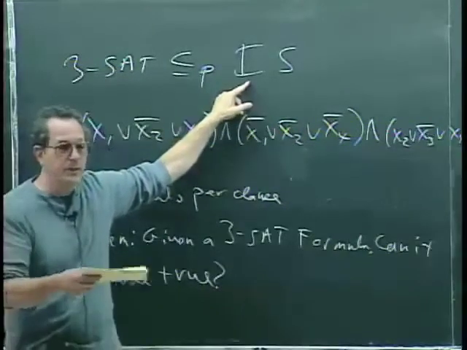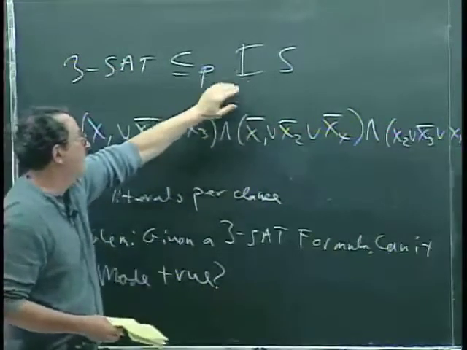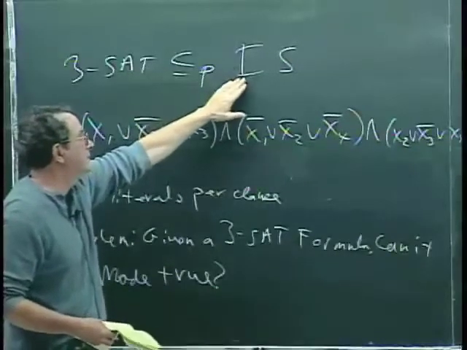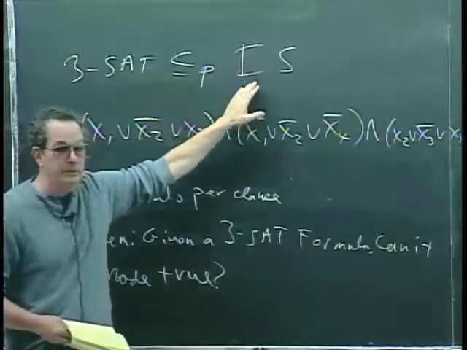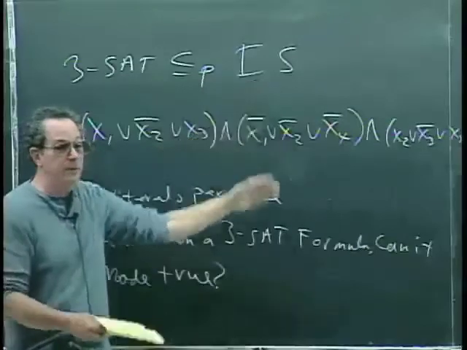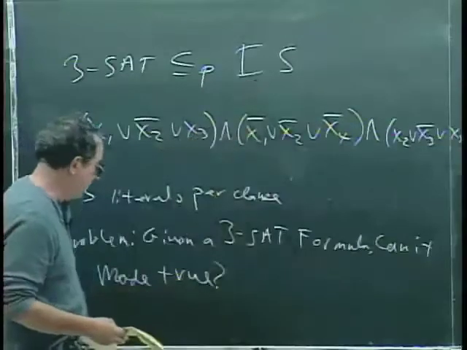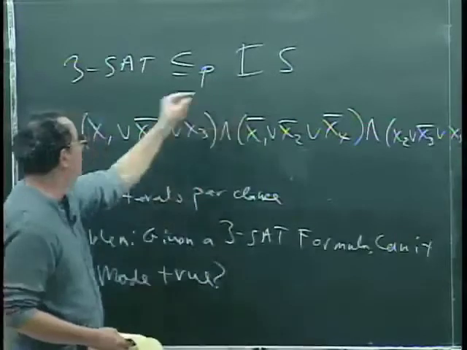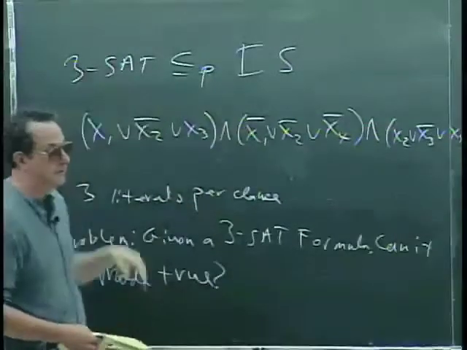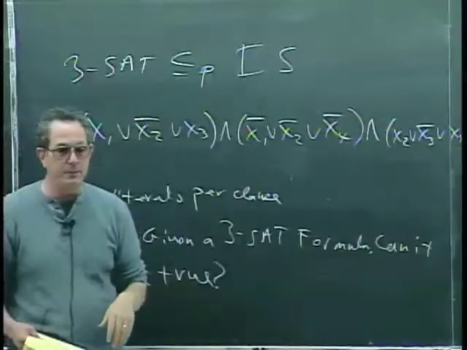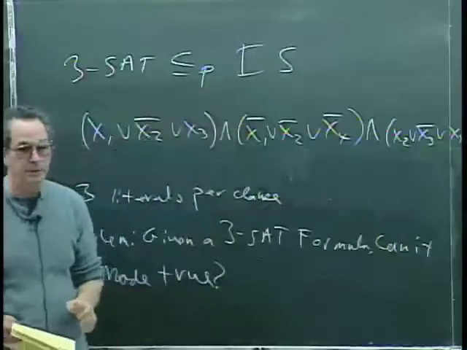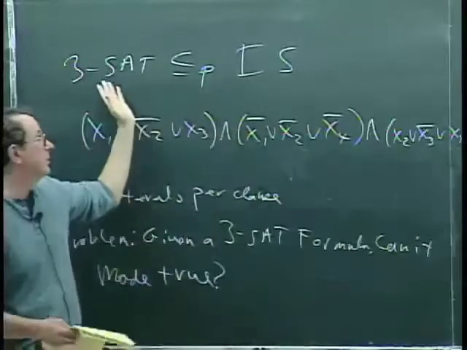Actually, it can do this interactively with the black box. And then it's going to feed the instances to the black box that solves independent set, and then based on the answers that come out of the black box, spend some polynomial time to figure out what the right answer is for that instance of 3-SAT. And if you remember, we said that the number of calls to the black box is bounded by a polynomial function of the input size.